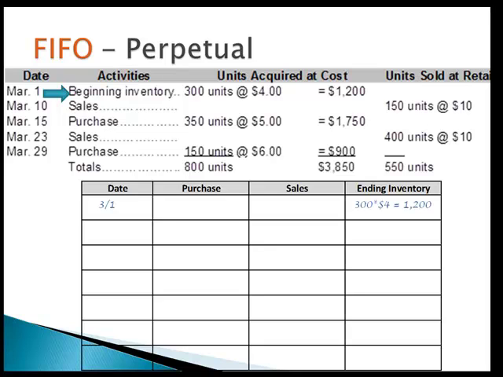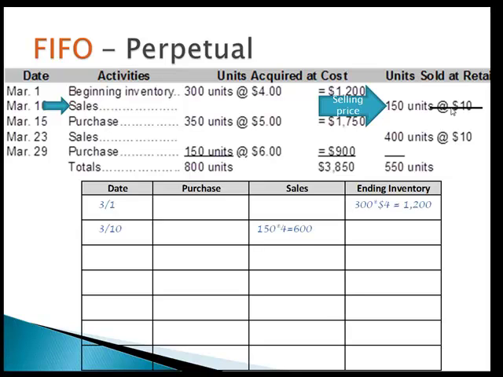So on 3/1 we have beginning inventory, which became the ending inventory on 3/1, of 300 units at $4, which equals $1,200. On March 10th we have a sale. We sold 150 units at $10, but watch out because this $10 is the selling price, and in this chapter we're not worried about the selling price, we're worried about our cost.